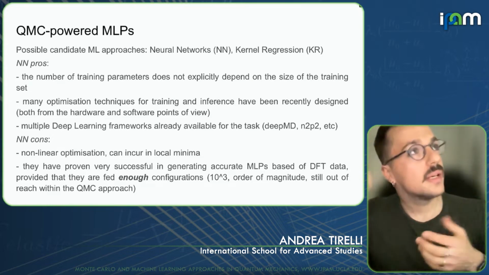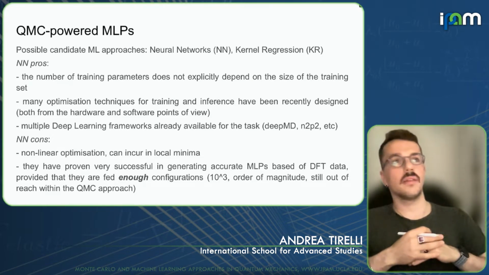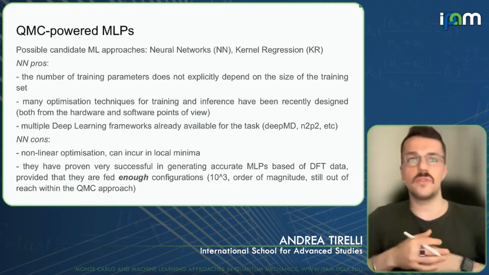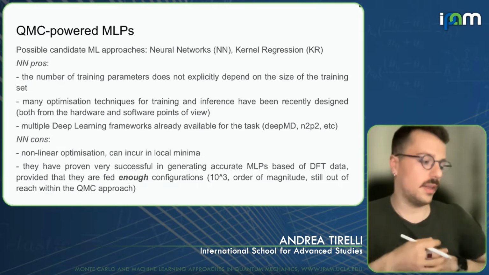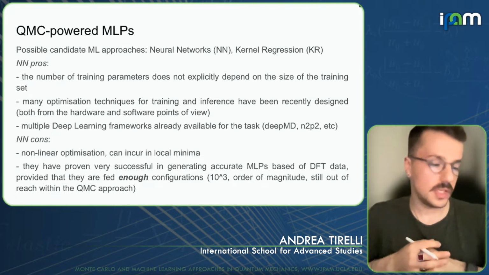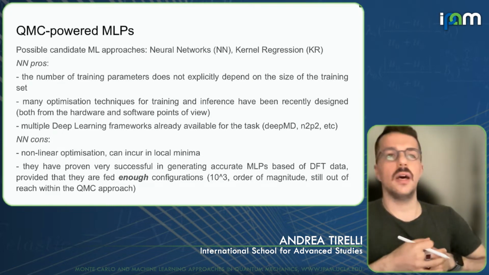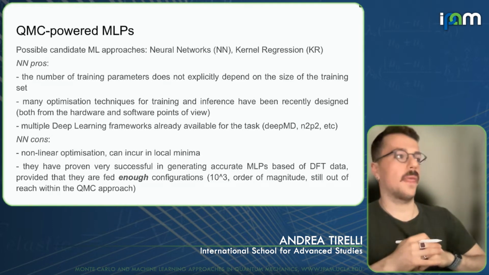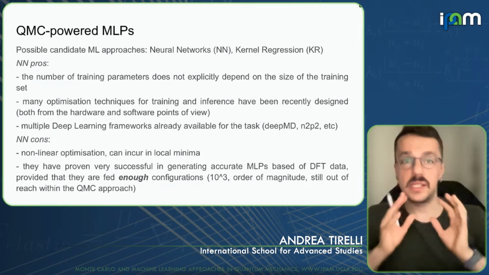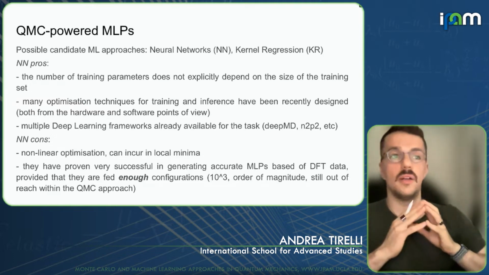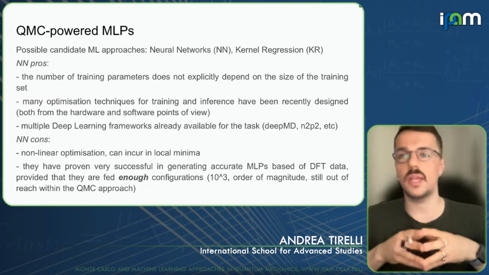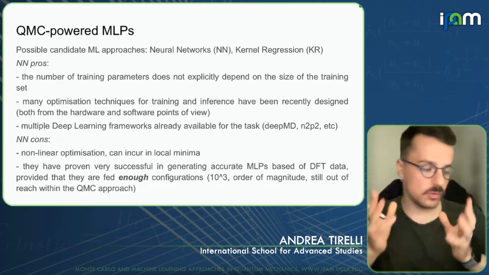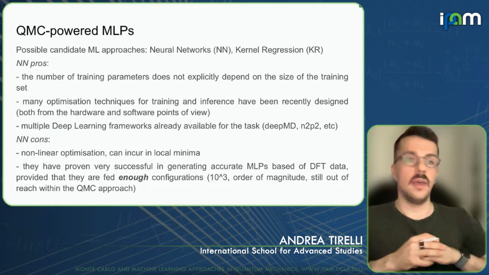The development of deep learning in all fields of science has drawn a lot of attention also in the physics community, and it's not surprising that there are already a number of deep learning frameworks that have been specifically designed to construct machine learning potentials, such as DeepMD or N2P2, just to name a few.